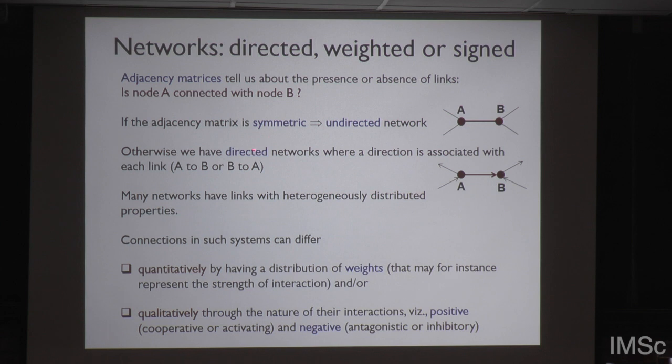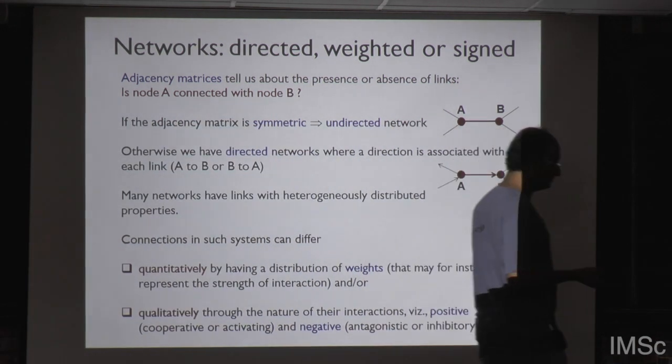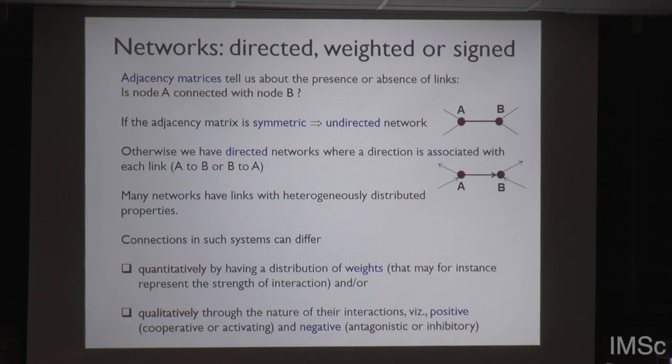The simplest kind of networks are where the links are undirected. So if a connection exists from A to B, you assume that the connection also exists from B to A. This of course means that the corresponding adjacency matrix is symmetric. If A_ij equals 1, A_ji also equals 1, and if A_ij equals 0, it implies that A_ji equals 0. So an undirected network and a symmetric adjacency matrix are essentially interchangeable.